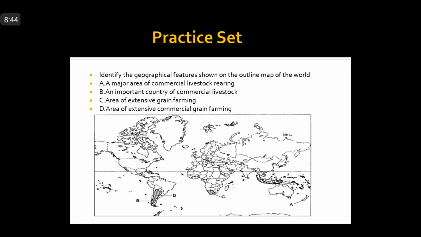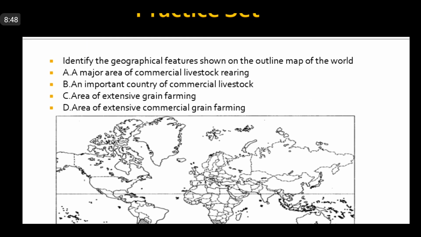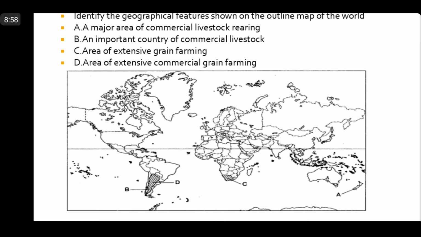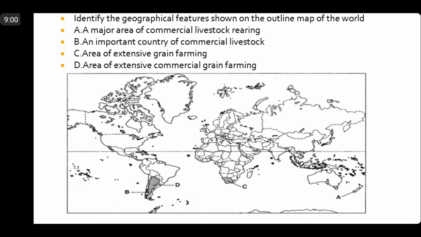Okay. Then I have given you some practice set also. For example, identify the geographical features shown on the outline map of the world. For example, major areas of commercial livestock rearing, an important country of commercial livestock, areas of extensive grain farming, and D shows area of extensive commercial grain farming.